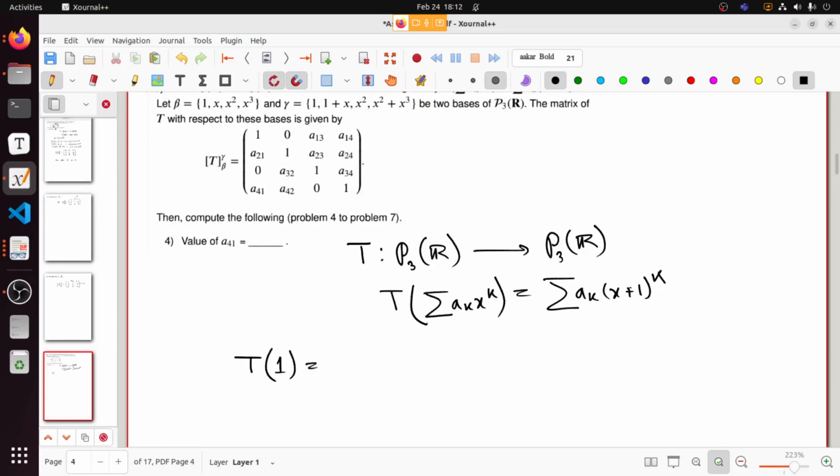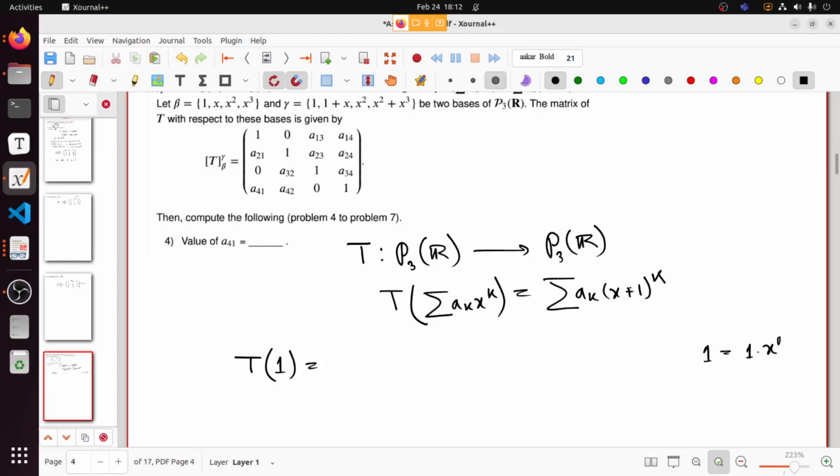It corresponds to x to the power 0, right? Only a_0 will remain. So note 1 you can write as a_0 x to the power 0 plus all others are 0. So a_0 is 1 into x to the power 0.